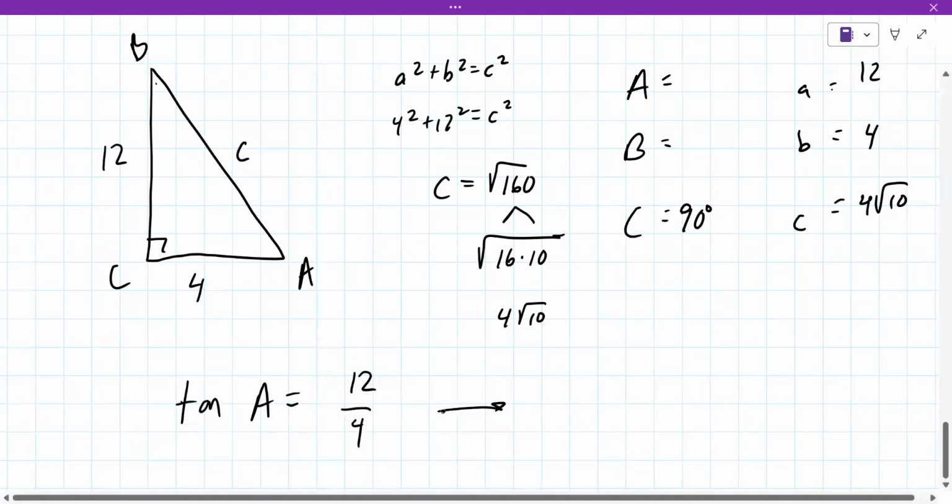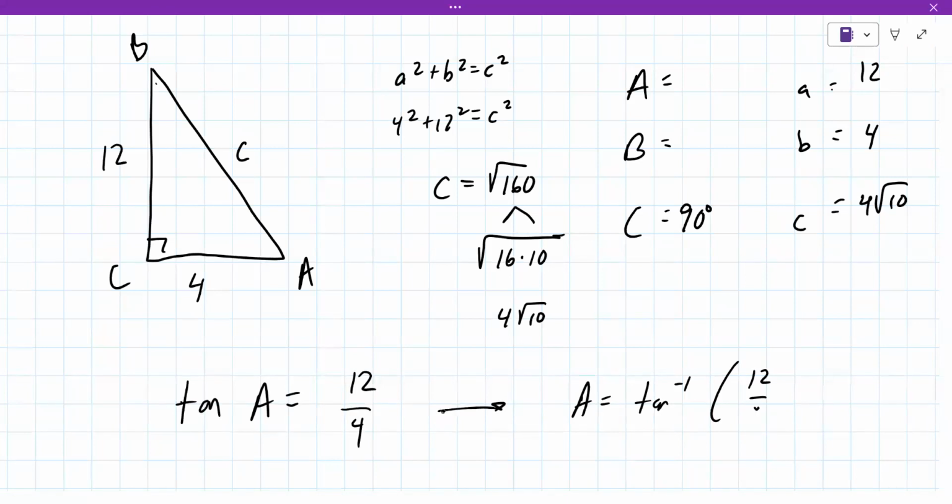You have to go to the calculator. There's no way to do this by hand. Before calculators, they had tables. Believe it or not, students would look these up in tables. But if you've got a calculator handy, use that, Desmos Scientific. Can you give me that answer to 1 decimal place, please? 71.6.